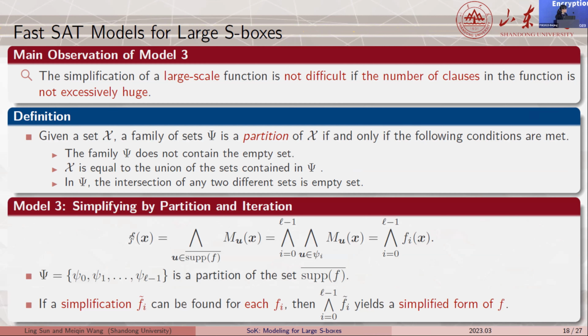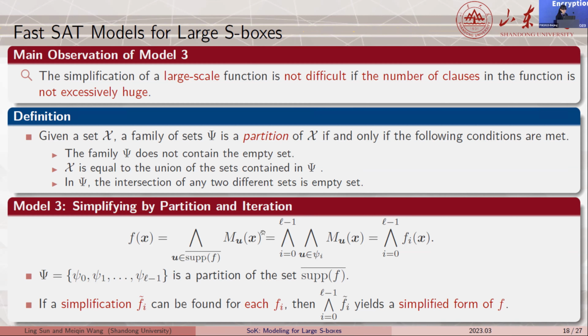In the previous introduction, we already know that F can be represented as the conjunction of multiple clauses. Now if for this set we can find a partition that looks like this, then the conjunction can be decomposed.